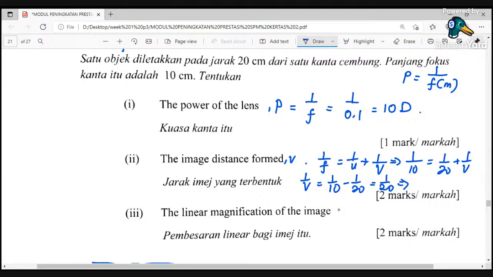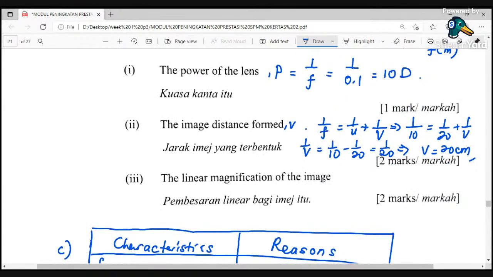Thus V equals 20 cm. The linear magnification of the image formed, M equals V divided by U, so 20 divided by 20, you get 1. It means the image is the same size as the object.